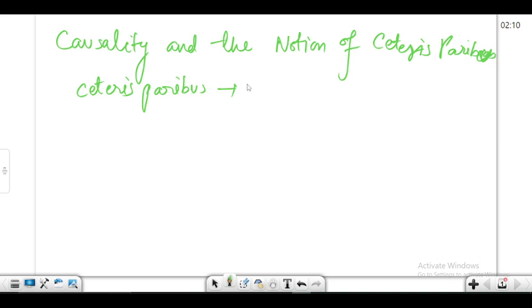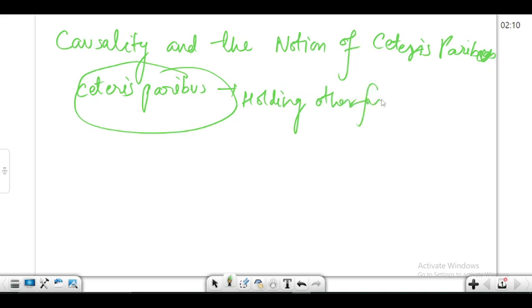So ceteris paribus basically means holding other factors constant, right? When we hold other factors that might affect a particular variable while trying to calculate the effect of a particular variable. Suppose we have y as a variable and x as a variable.